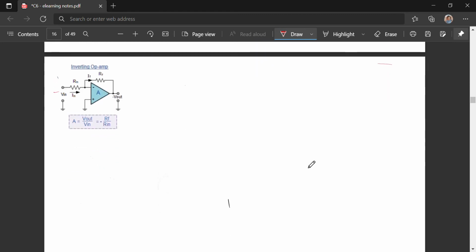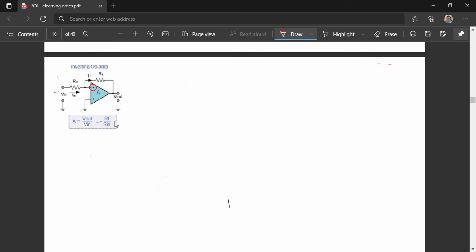So let's try to do the inverting op-amp, and see how the gain is minus RF divided by Rin. Firstly, we label the current and the voltage for this diagram. The input is at the inverting part.